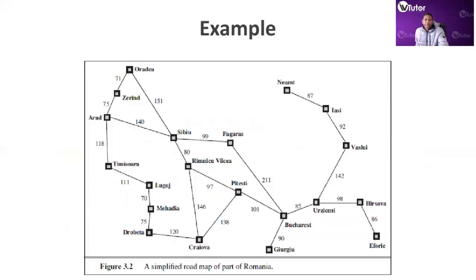All right, so let's look at this map of Romania. If someone wants to start at Arad and end in Bucharest, you'll notice I have already given a start state and defined the goal formulation.